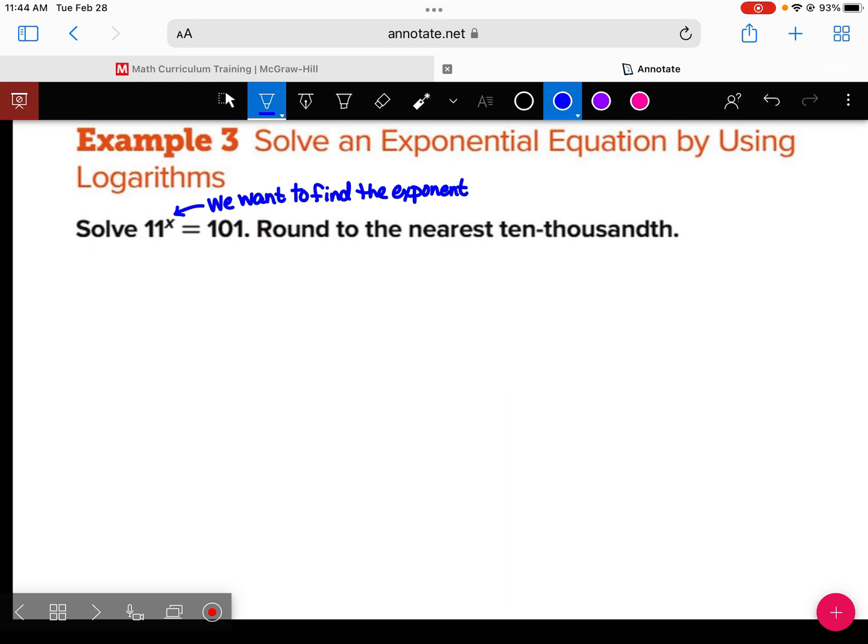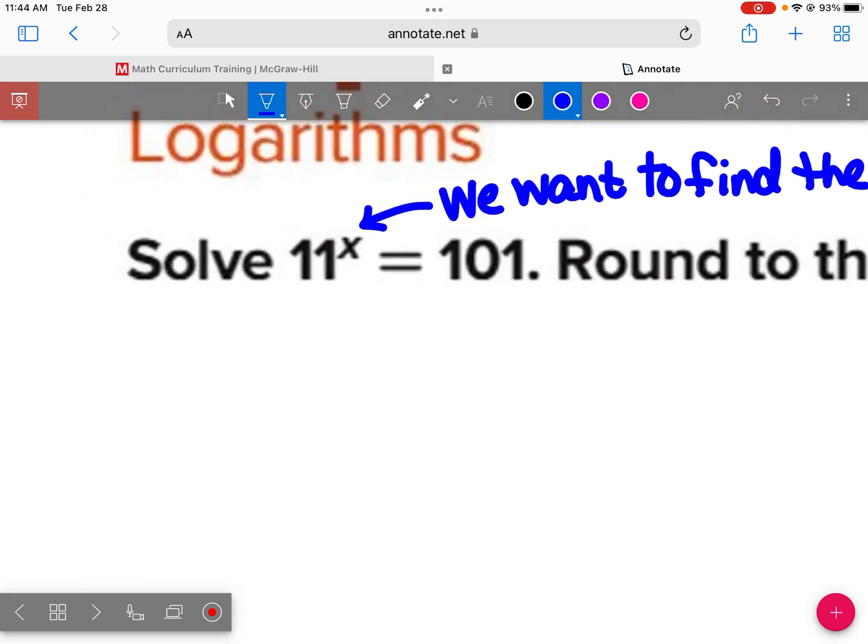How do we isolate exponents? Logarithmic form. So we are going to rewrite this in logarithmic form to isolate the exponent.